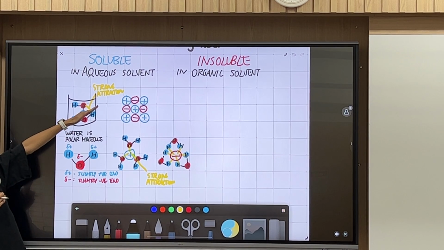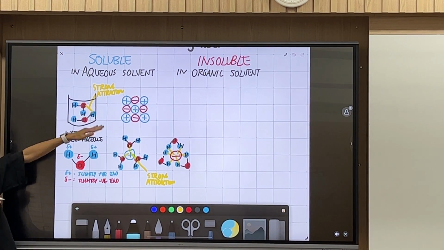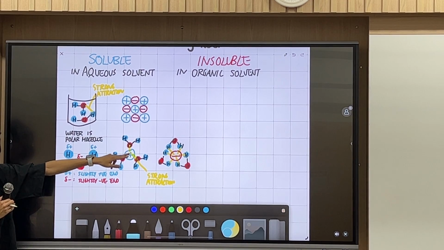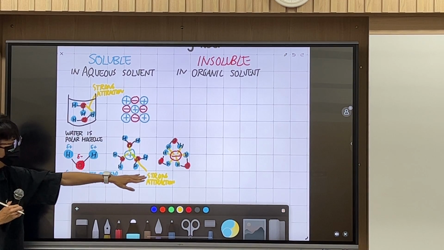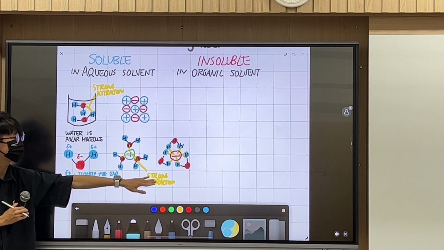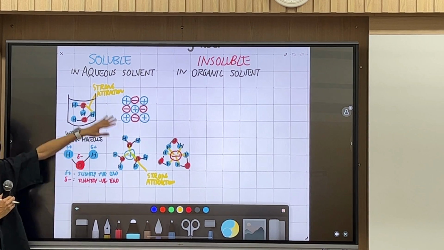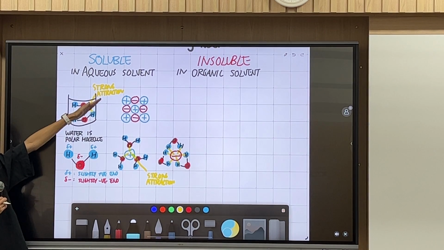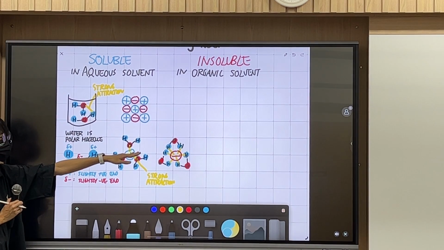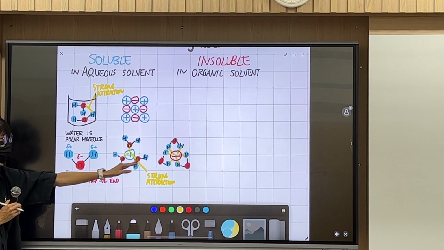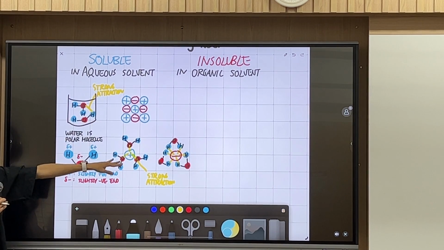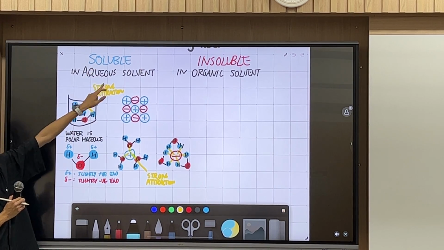So to break them, you may need to invest $1,000. But then in order to make friends with water, you will form back a strong attraction. So this is like some kind of reward. You get back $1,000 in return. So if you spend $1,000 to break this connection, and you regain $1,000 from forming these new connections, you have nothing to lose in here, and so it is soluble.